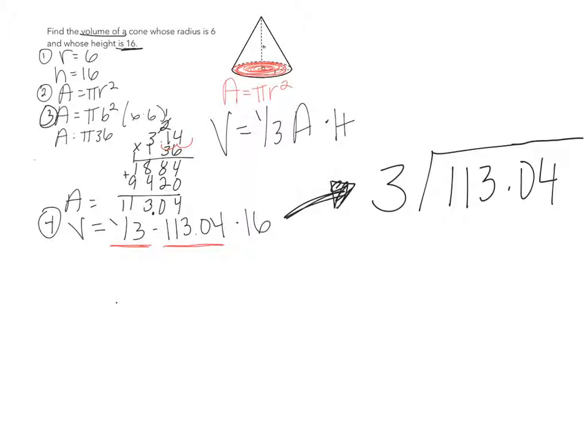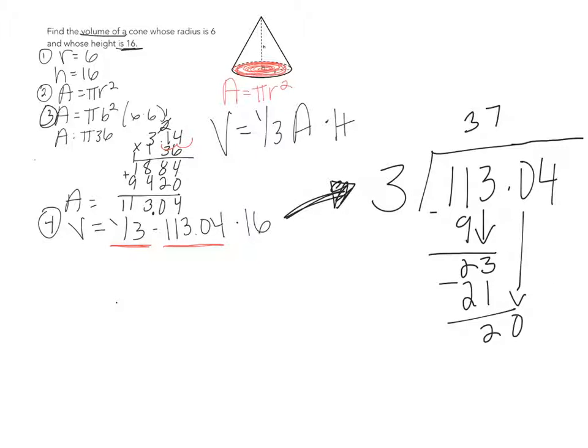Here we go. 3 goes into 11 3 times. 9, when we subtract, that gives us a 2. Bring down the 3. 3 goes into 23 7 times. 7 times 3 is 21. Subtract, get a 2. Bring down the 0. 3 goes into 20 6 times, which is 18.